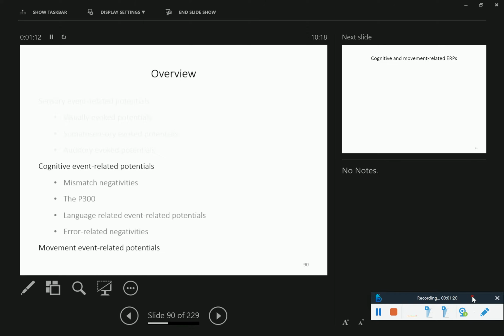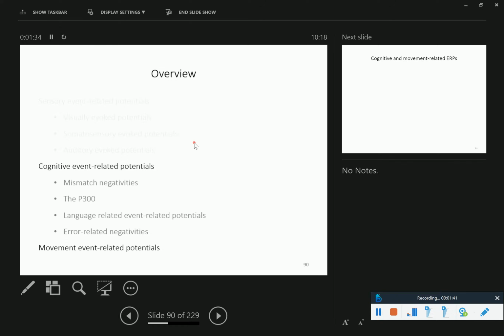So today I want to talk about another class of event-related potentials, which I call here cognitive event-related potentials. I might also want to call them surprise event-related potentials, but we will only see that later on.